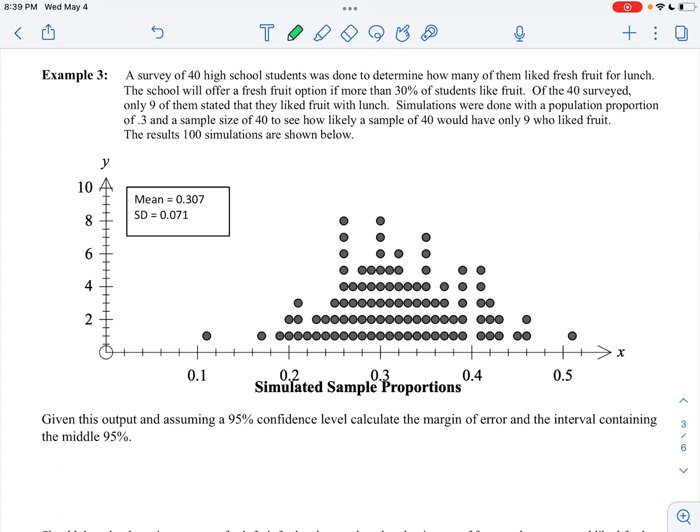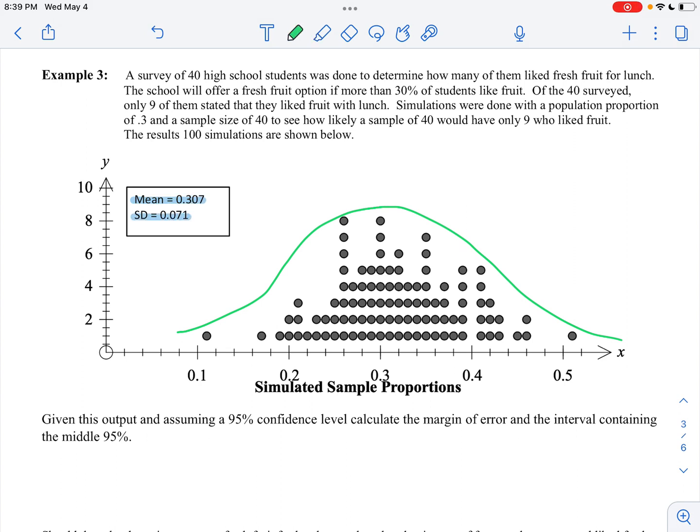It looks approximately normal, centered around 0.3, which is what they're hoping for, that 30% of students say they like fruit. They give you a mean of 0.307 and a standard deviation of 0.071.